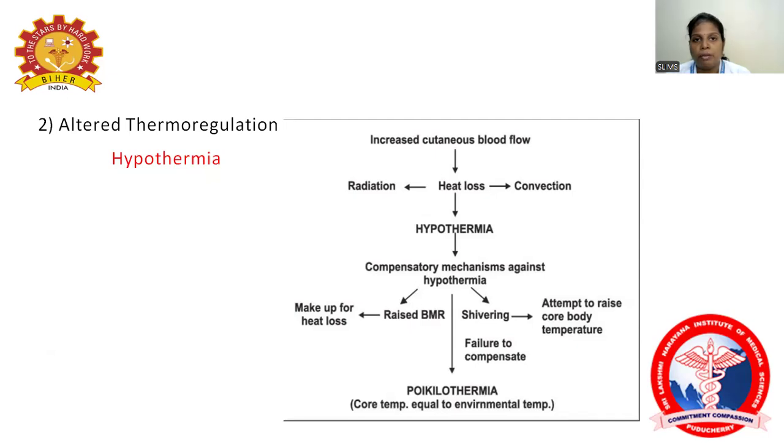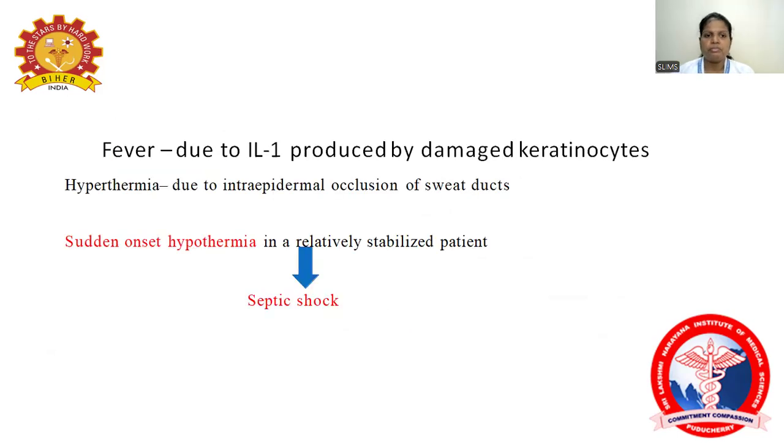Because of the hypothermia, there will be compensatory mechanisms against it: raised basal metabolic rate to make up for heat loss, and shivering in an attempt to raise core body temperature. Failure to compensate results in poikilothermia, where the core temperature equals the environmental temperature.